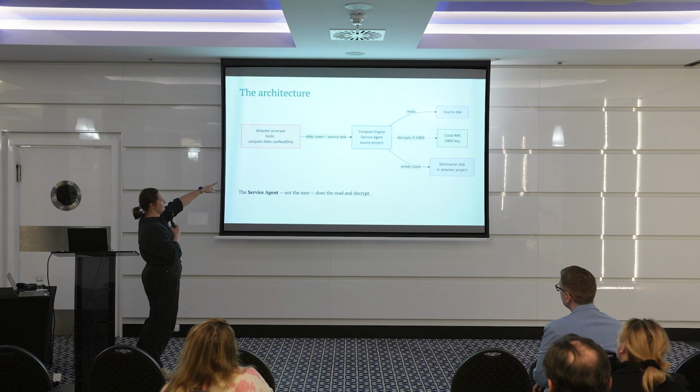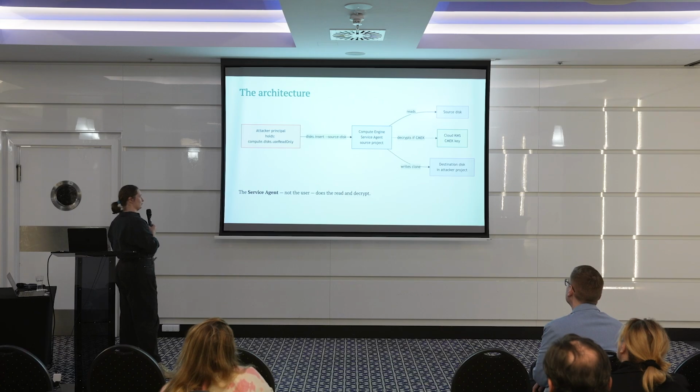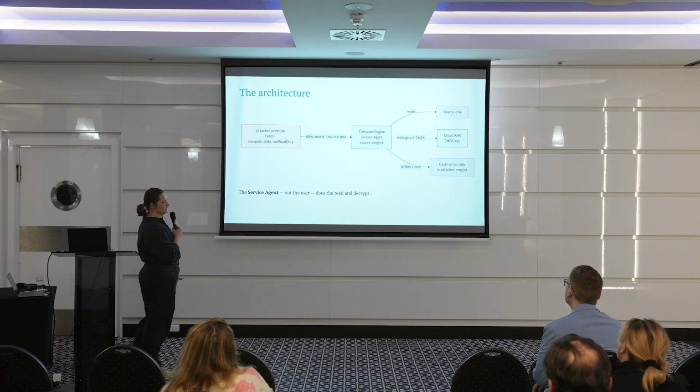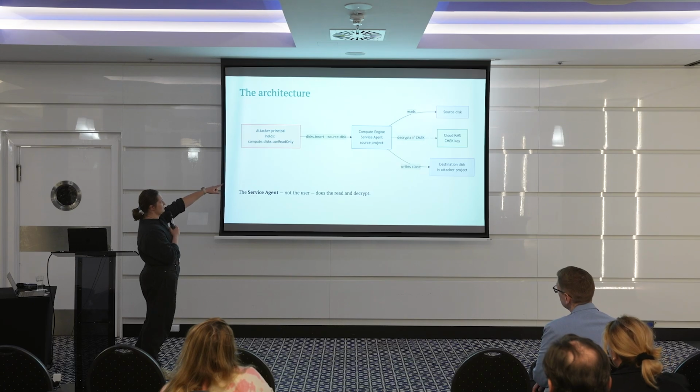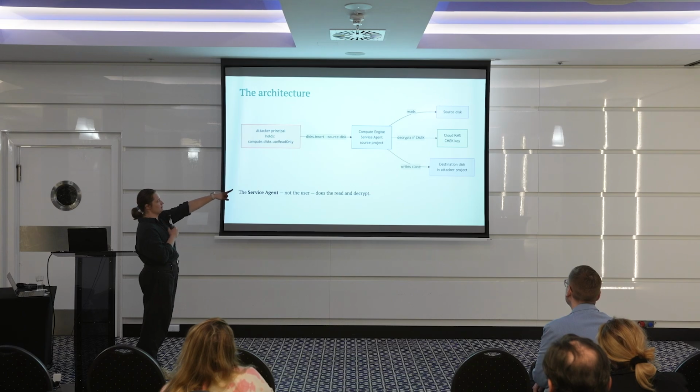In this scenario, it is not checking if I have permission to the key that encrypts this disk, simply because I'm not passing the key in the CLI command. What the Compute Engine service agent does on my behalf is try to read the source disk, decrypt it with the customer managed encryption key, and write the clone to the destination disk project.